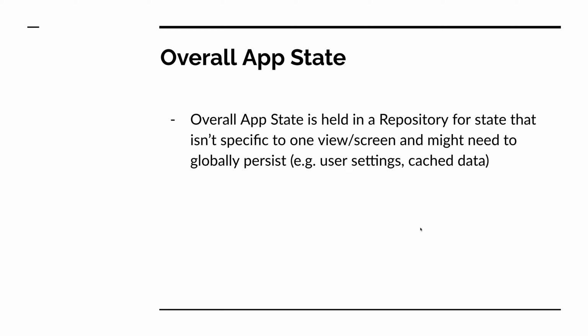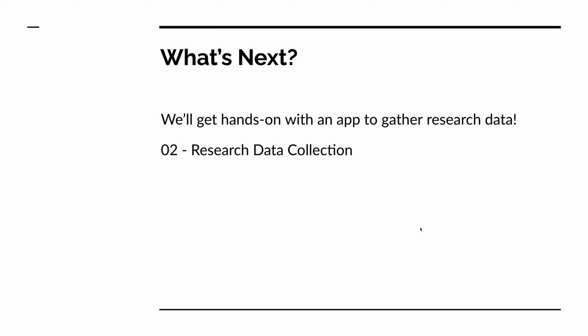So in the Android world, it's held in something called a repository for state that typically wouldn't make sense to be owned by one particular view model. Cache data is also another great place for that. If there's data that you cache when the app loads up on startup, and you'd want that to be globally accessible, putting that in a repository could be a really good option.